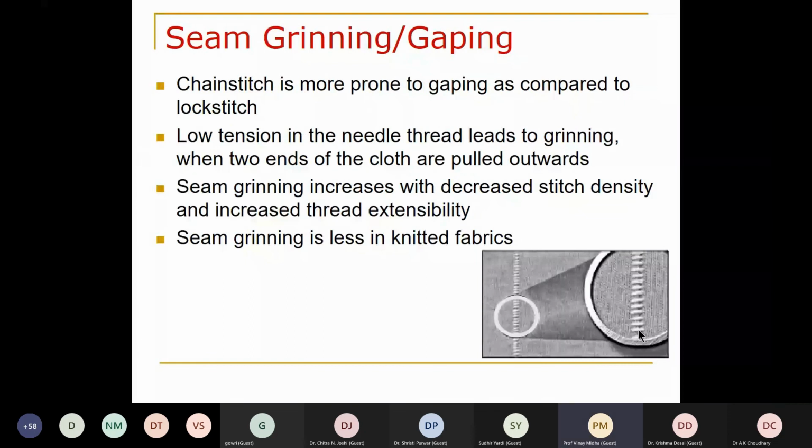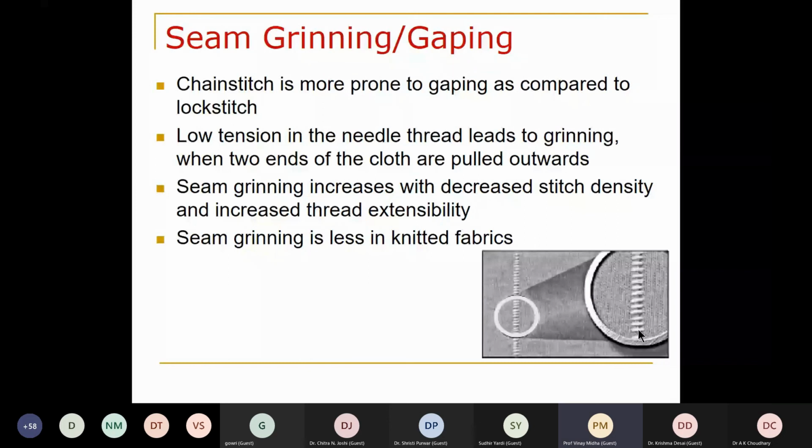Then the chain stitch is more prone to gaping as compared to the lock stitch, and low tension in the needle thread leads to graining when two ends of the cloth are pulled outwards. If the tension is low in the needle thread, then this problem may occur. So seam graining increases with decreased stitch density and increased thread extensibility.